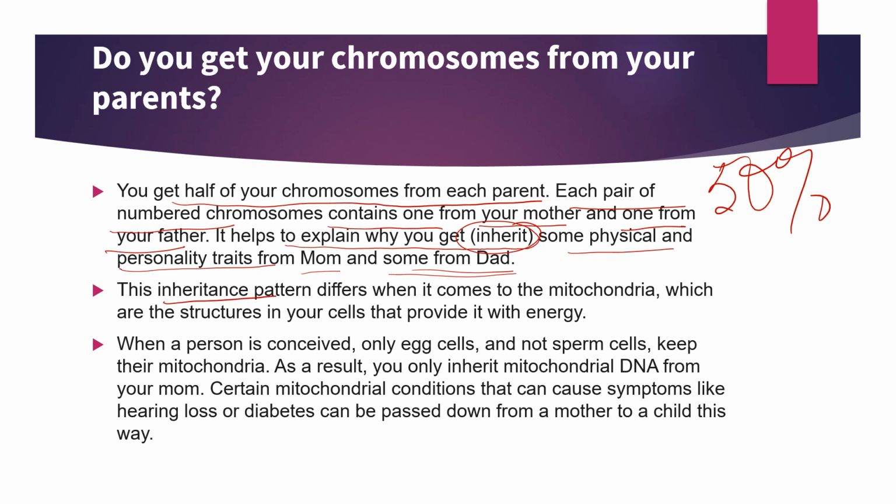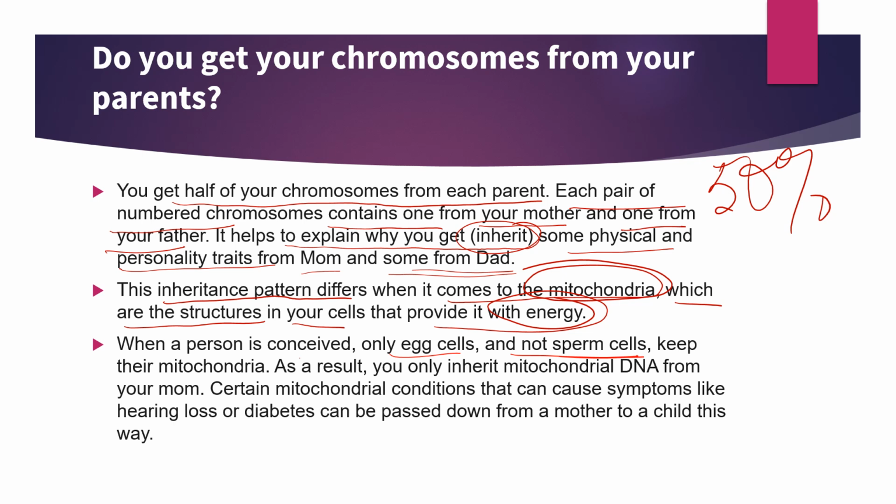This inheritance pattern differs when it comes to the mitochondria, which are structures inside your cell that provide the energy. You know that mitochondria are the powerhouse of the cell. When a person is conceived, only egg cells and not sperm cells give the mitochondria.